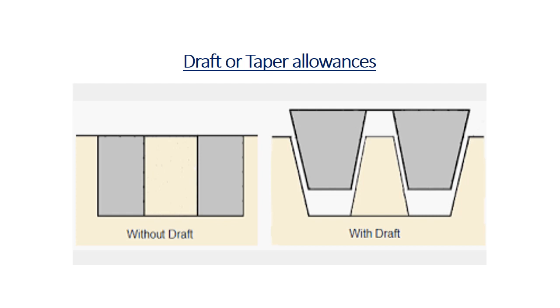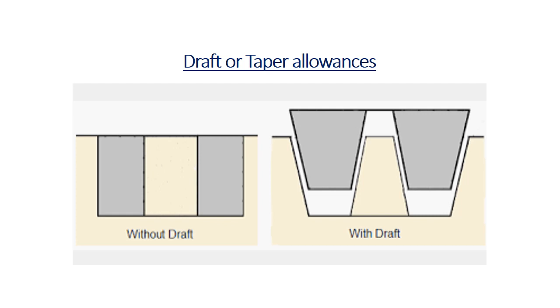If the surface is perfectly vertical, it requires more force, but if it is a little bit taper, it will take less force. In the same way, whenever we take out the pattern from the mold cavity, which is made of sand with binder, the sand will try to grip the pattern.